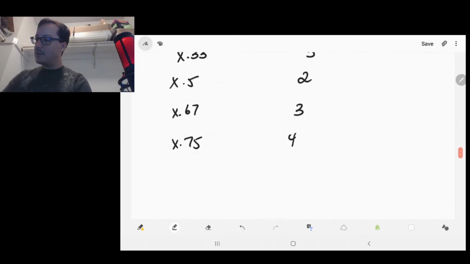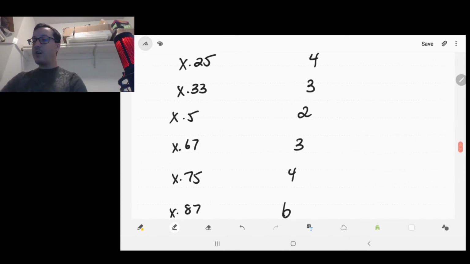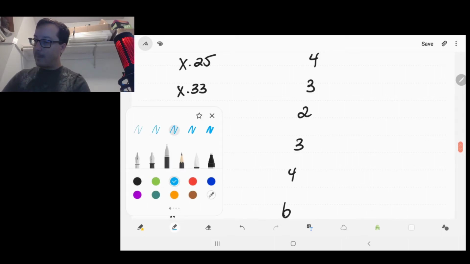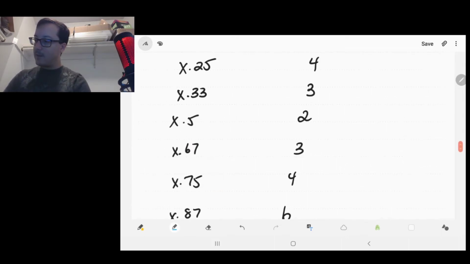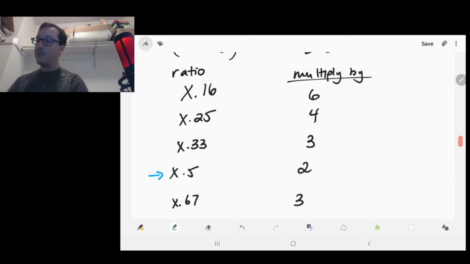And what's the last one? 0.87, I guess. That'll get you to multiply by 6. So these are common things you might find. In this case, we had something that was 1.5. So we want to multiply everything by 2, and that'll make it into integers.